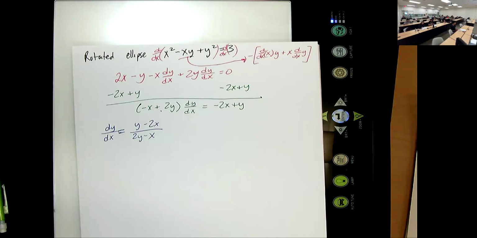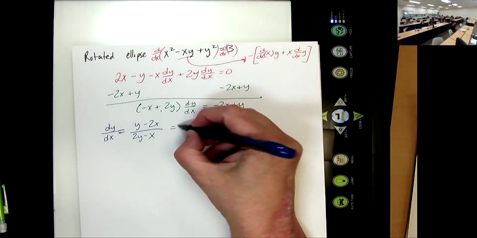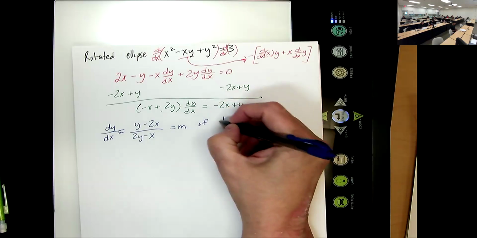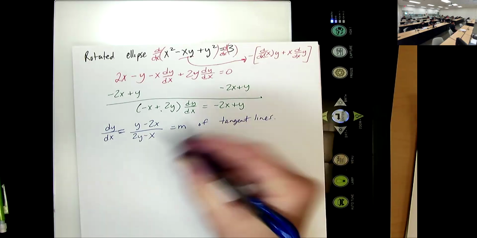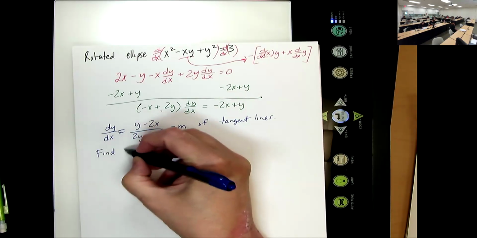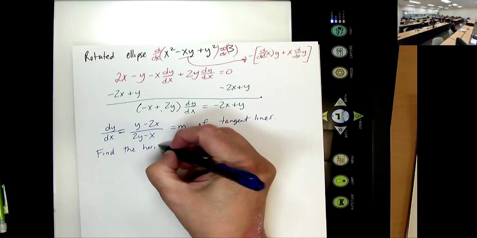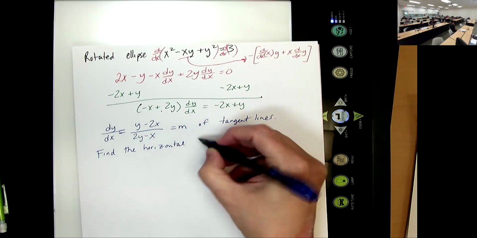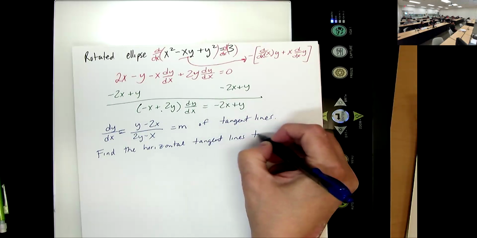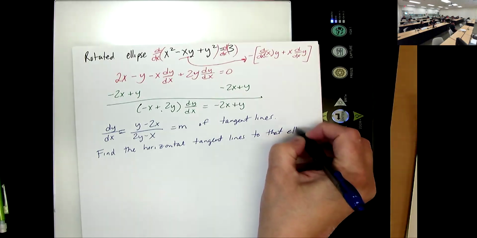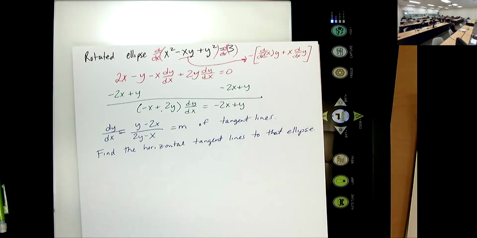All right, so this is the slope of tangent lines. And let's find the horizontal tangent lines to that ellipse. Horizontal lines have a slope of what? 0.